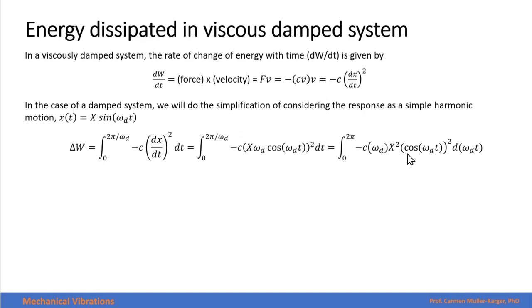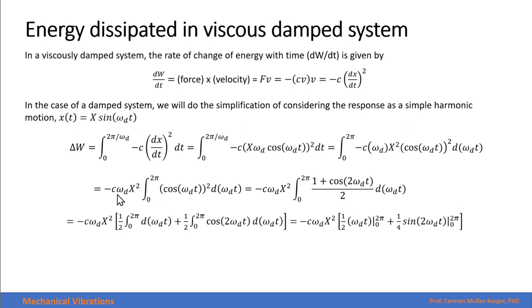This cosine of omega d t squared can be integrated using the trigonometric identity of sum of angles, and we can convert that to the integral of (1 plus cosine of 2 omega d t) divided by 2, and then we have the integral of 1/2 dt, which is this one right here, and the integral of the cosine.